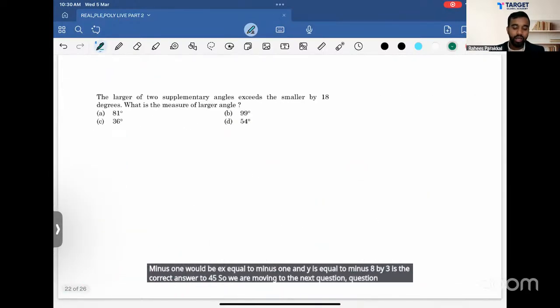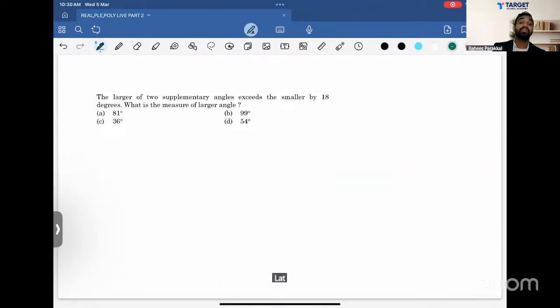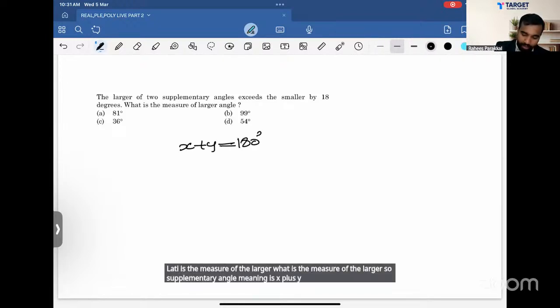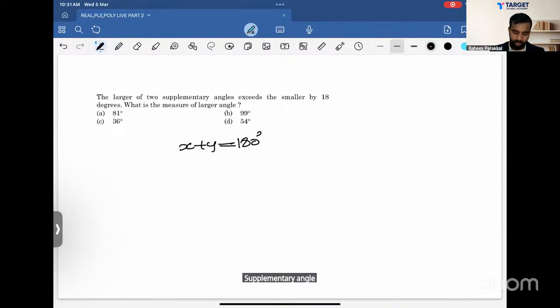Question. The larger of two supplementary angles exceeds the smaller by 18 degrees. What is the measure of the larger angle? So supplementary angle meaning is x plus y that is equal to 180. Two angles sum is 180. Supplementary angle, that means total angle is 180. So first angle is x itself.